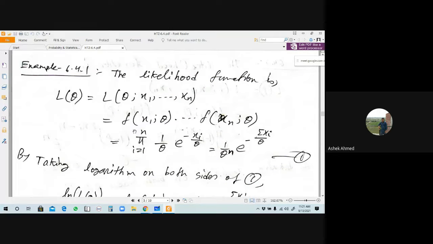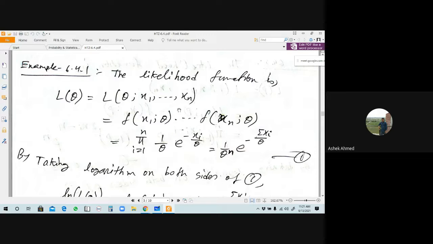তাহলে from here tell me, we can write in the product form 1 by theta into e to the power minus xi by theta, is it right? Because here the values of x are x1, x2 up to xn.